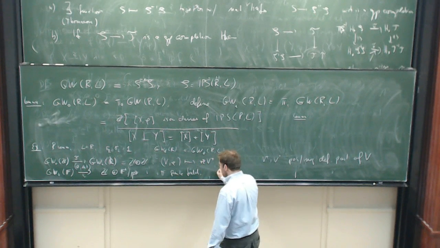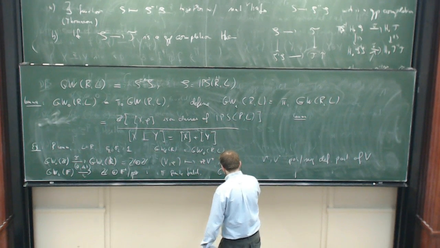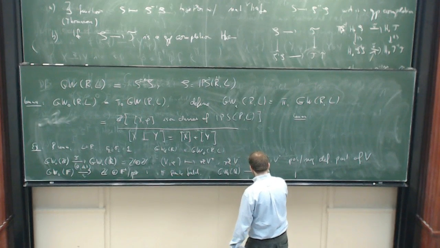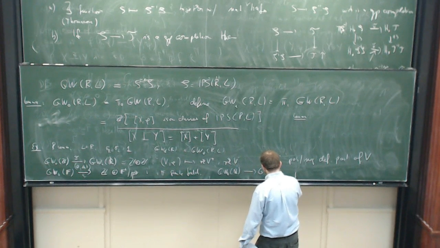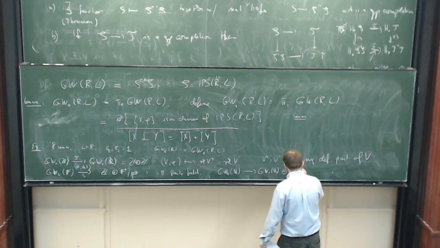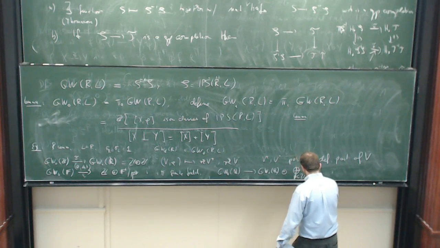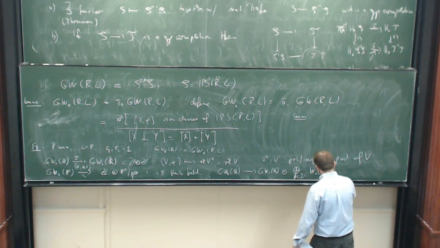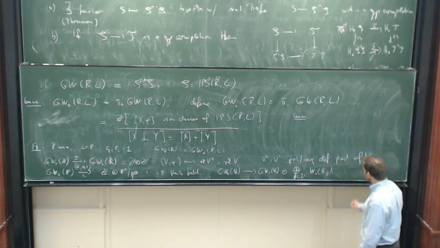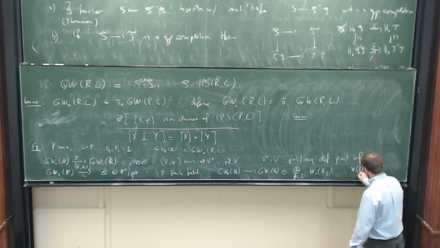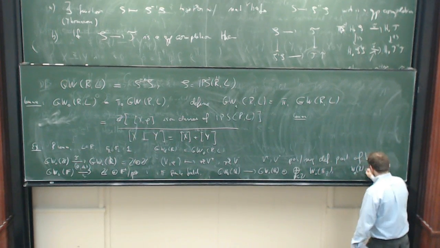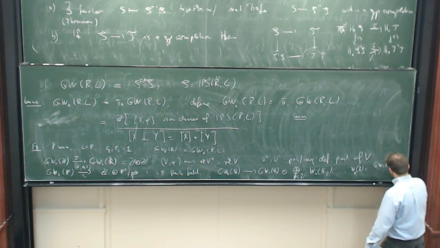Another famous example is the Grothendieck group of the rational numbers. That's the same as the Grothendieck group of the real numbers, two copies, plus the direct sum over the primes of the Witt groups of the finite fields, where the Witt group is just the Grothendieck group modulo hyperbolics.